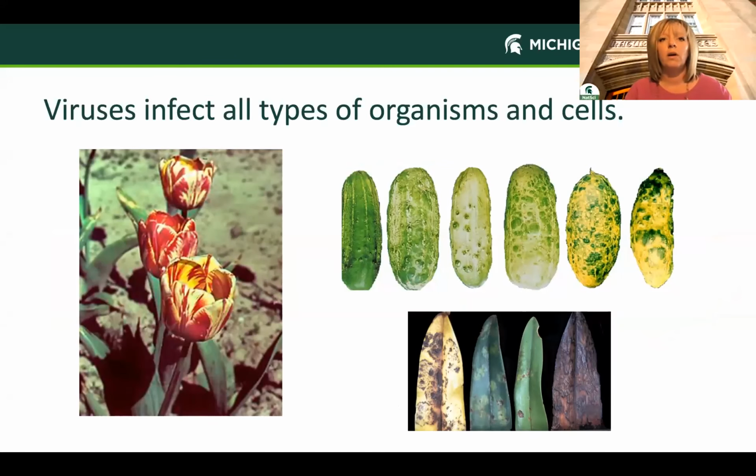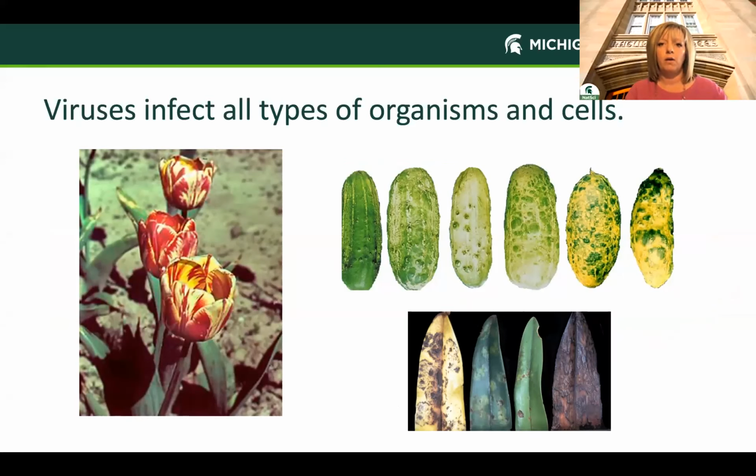Viruses also infect plants. The variation in color that you see on these tulips is the result of tulip breaking virus. The plant is infected with tulip breaking virus. These cucumbers are infected by cucumber mosaic virus. And then here in the lower panel, you see the impact of tobacco mosaic virus on orchid leaves.